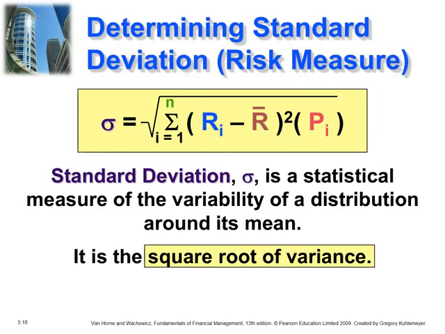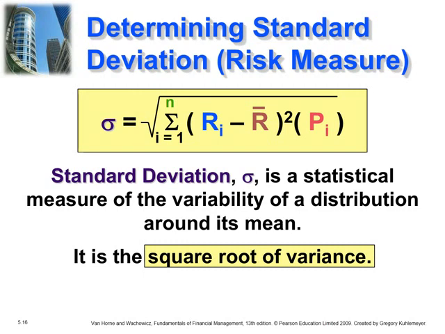How can I calculate the standard deviation as a risk measure? Standard deviation, sigma, is the square root of variance and is a statistical measure of the variability of a distribution around its mean. We said before that risk is the variation from the expected return, so we can use standard deviation to measure risk.